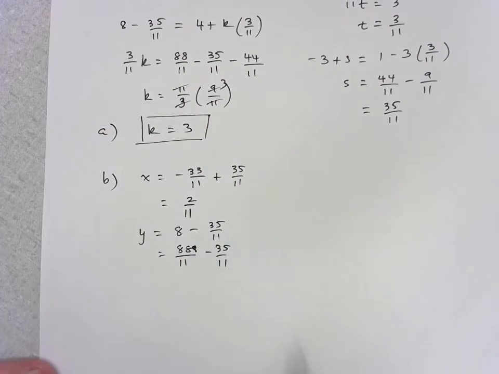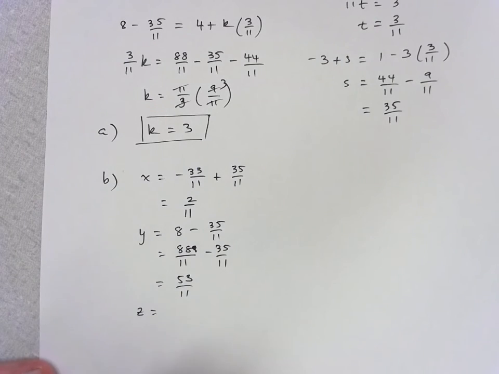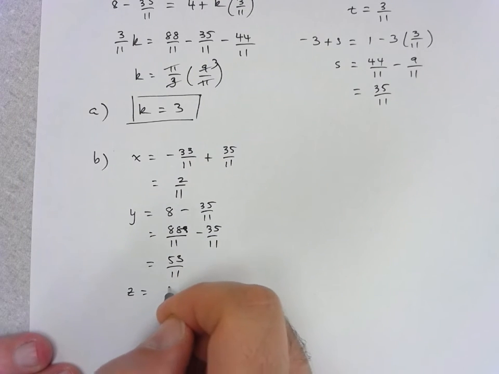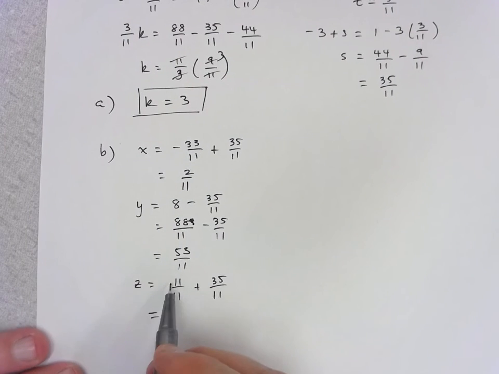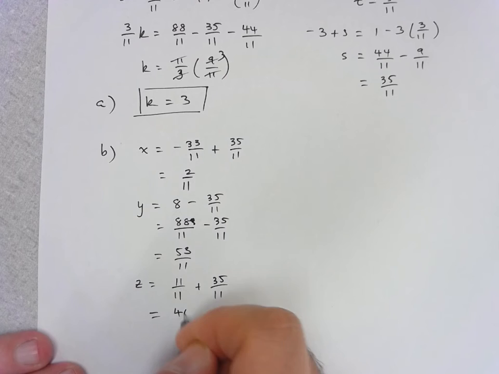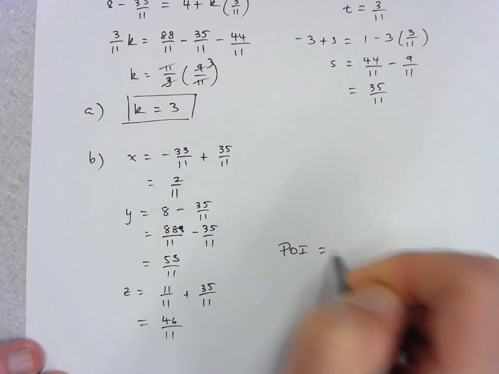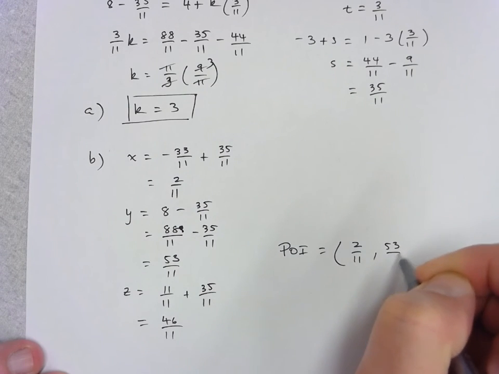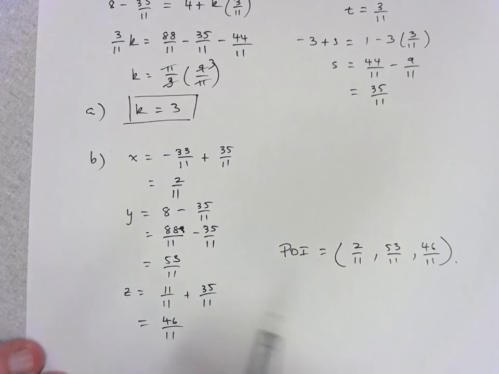Okay, sorry about that. Had it right the first time. 53 over 11, and so z is now going to be equal to 1 plus s, so 1, which is 11 over 11, plus s, which is 35 over 11. So here we got 46 over 11. So our point of intersection, okay, is equal to 2 over 11, 53 over 11, and 46 over 11. Okay, and there we have it.